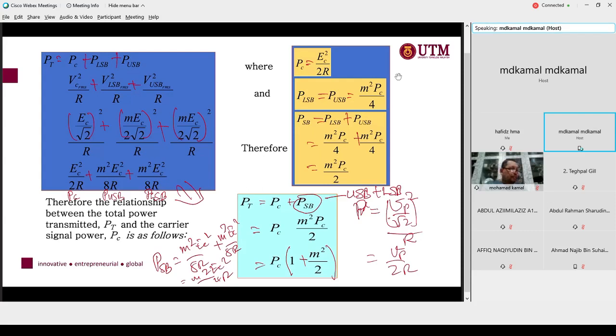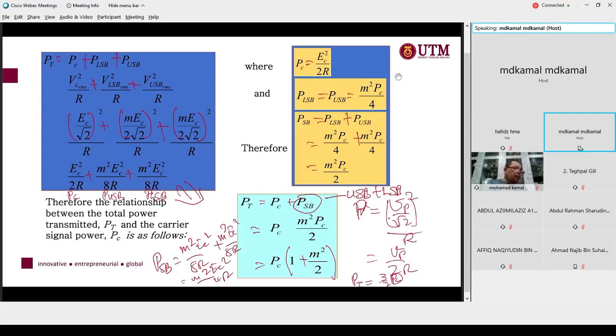So it depends much on your Pc here as well as the modulation index. So what happens if your m is equal to 1? If m is 1, your total power is equal to 3 over 2 Pc. Whatever Pc you have here, you just multiply by 3 over 2 and you have PT.